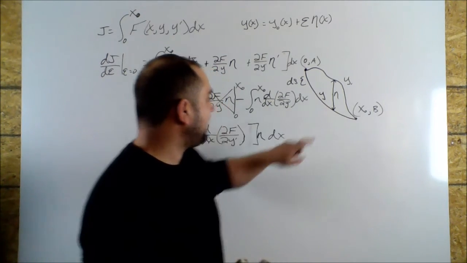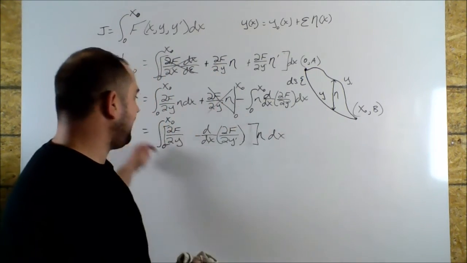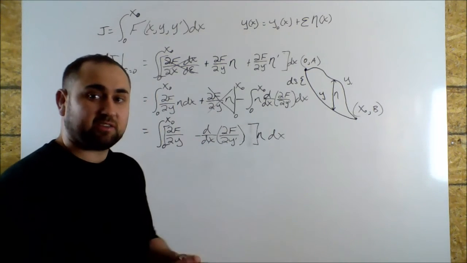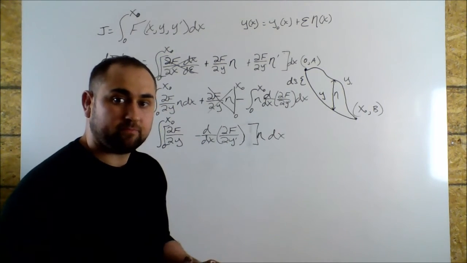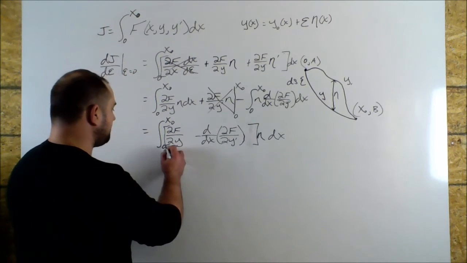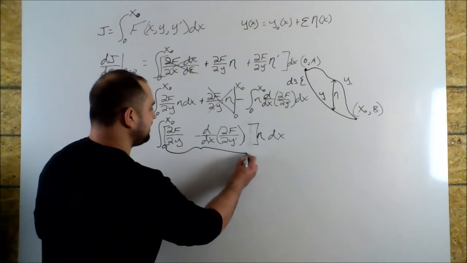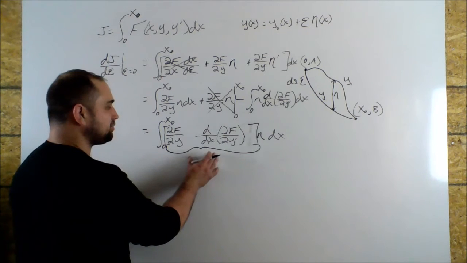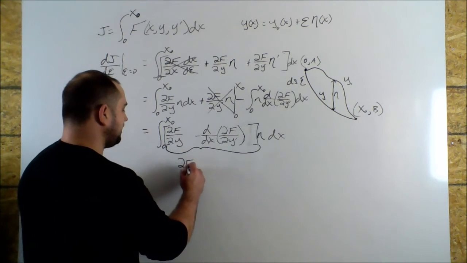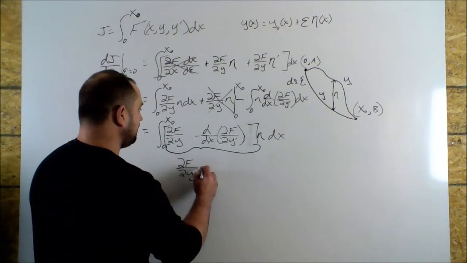And so the only way to guarantee that this integral is minimized for all eta is to make sure that what's inside these brackets is equal to 0.